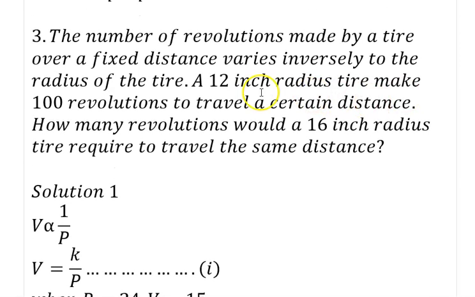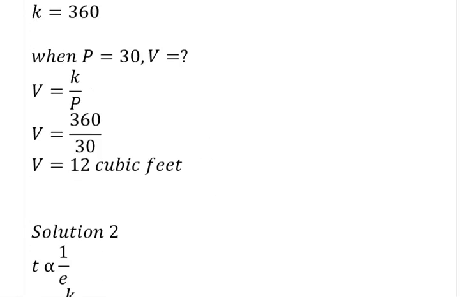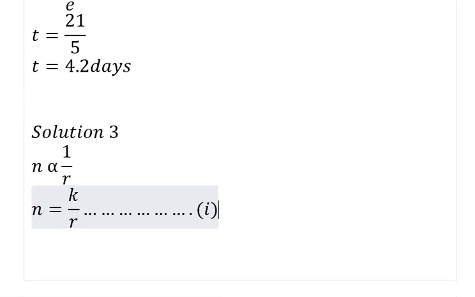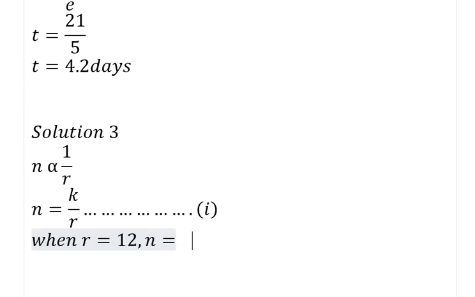So what's the question saying? A 12-inch radius tire makes 100 revolutions to travel a certain distance. So when R is 12, N is 100. We've been given this information so that we can get the value of our K as usual.